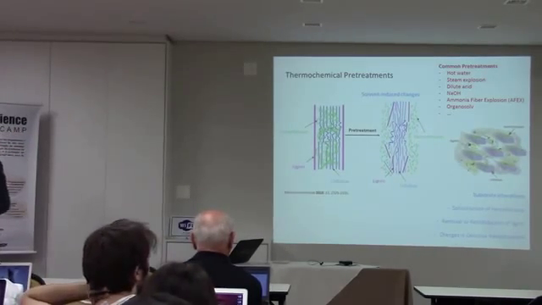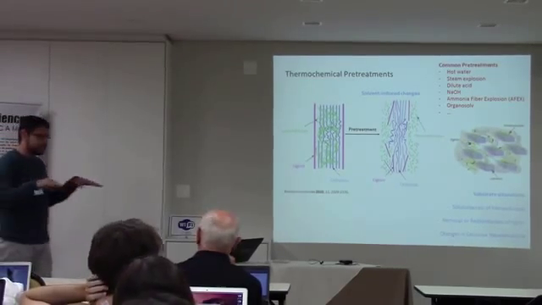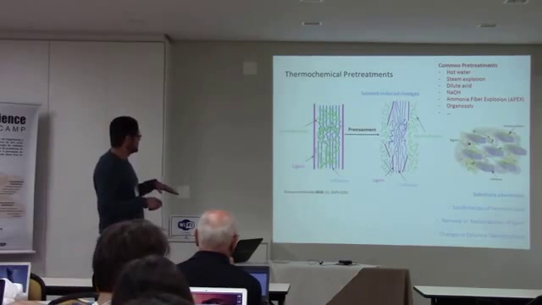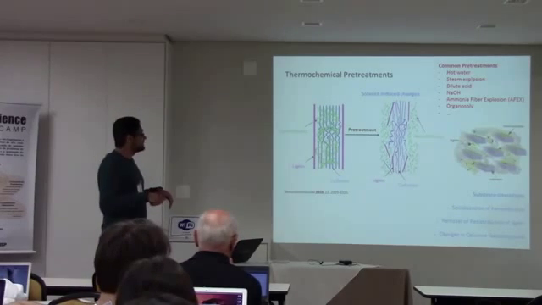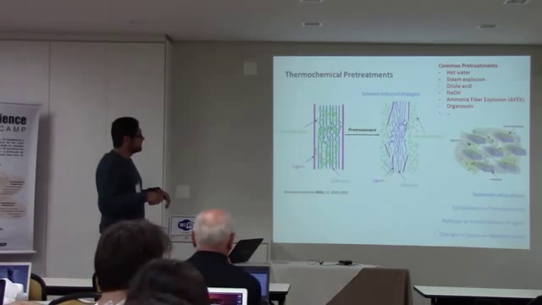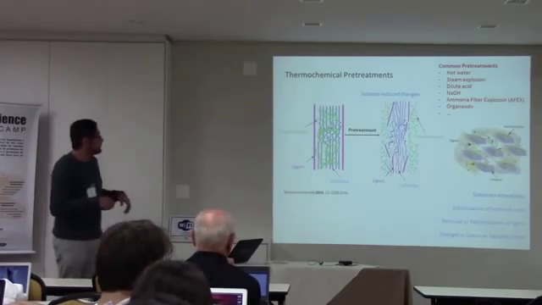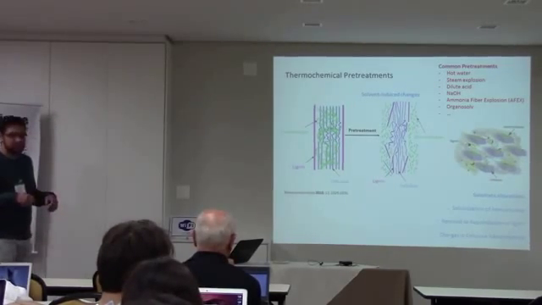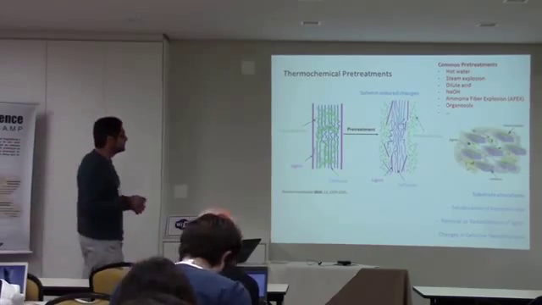So one of the changes that happen when we submit this cell wall to pre-treatments is the solubilization of the hemicellulose, the carbohydrate that remains adsorbed on the cellulose. So the polymer becomes lots of monomers and oligomers, right?